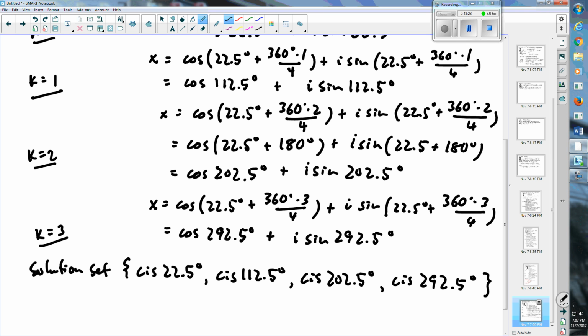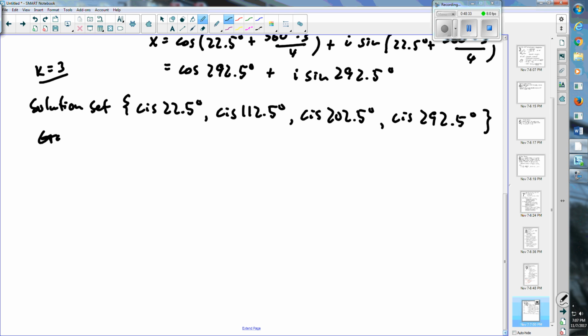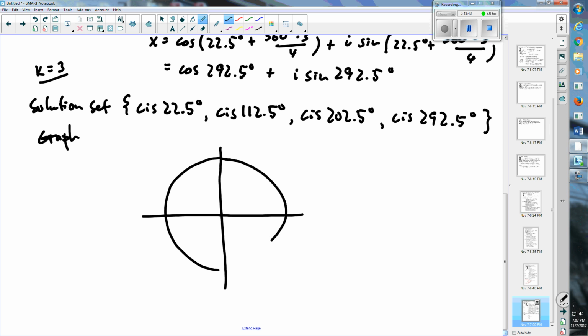So we're also asked to graph this. So let's graph the solutions. We just draw our coordinate system, put a circle here, and I'll graph these in red again. We notice that the first angle is 22.5. So in standard position, an angle that's about 22.5 would look like this. So this would be CIS 22.5 degrees. And then 112.5 degrees would put us up about here.